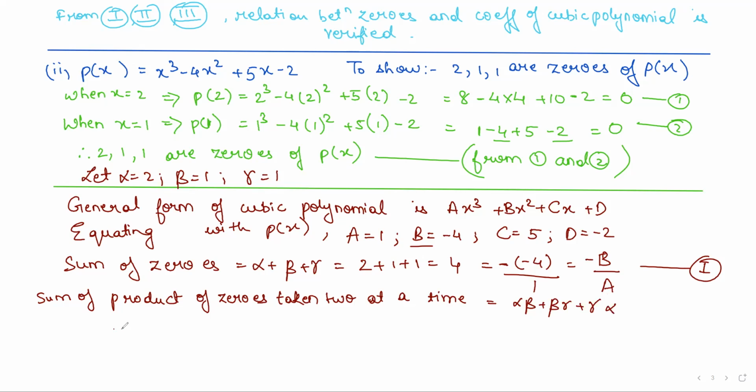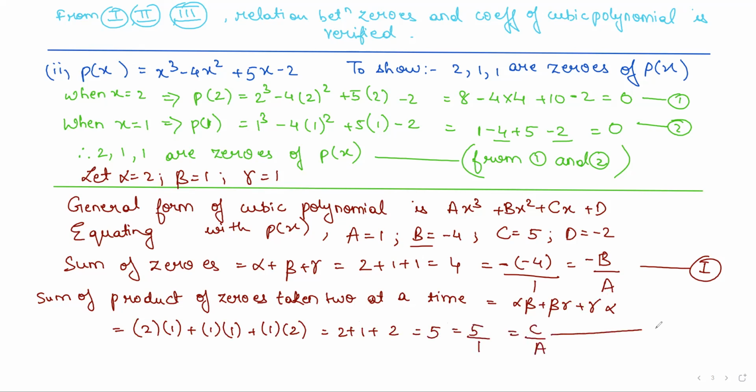Now substituting these values, you get 2 into 1 plus 1 into 1 plus 1 into 2, which is 2 plus 1 plus 2, which is equal to 5. 5 can be written as 5 upon 1, which is equal to c upon a, equation 2.